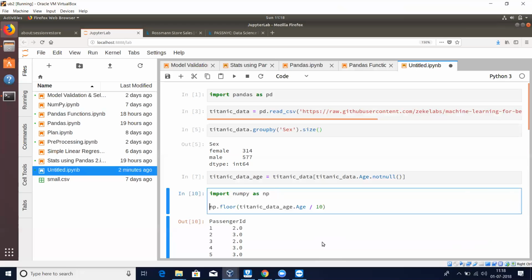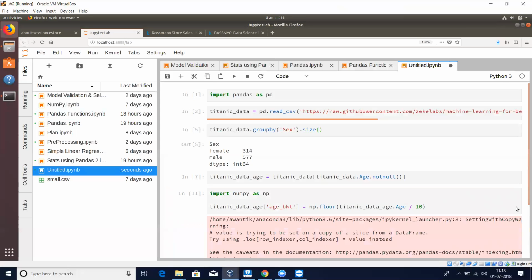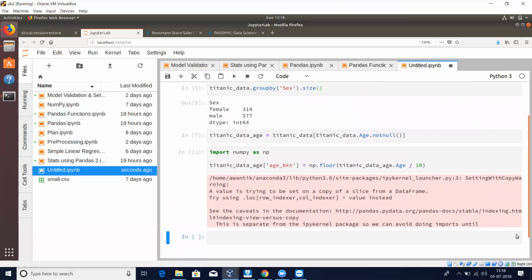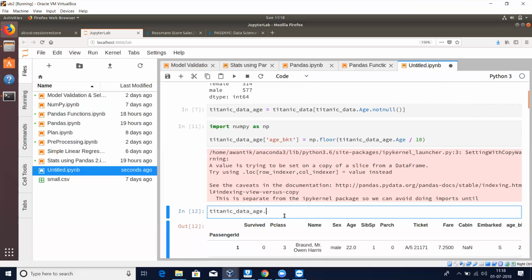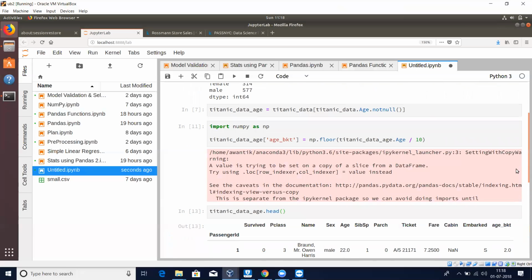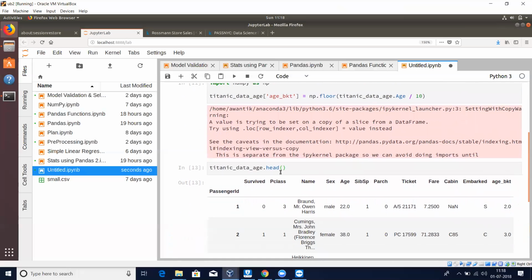So you basically could do this on the Titanic data age. Okay, so we have this age bracket here. Now we want to do group by age.